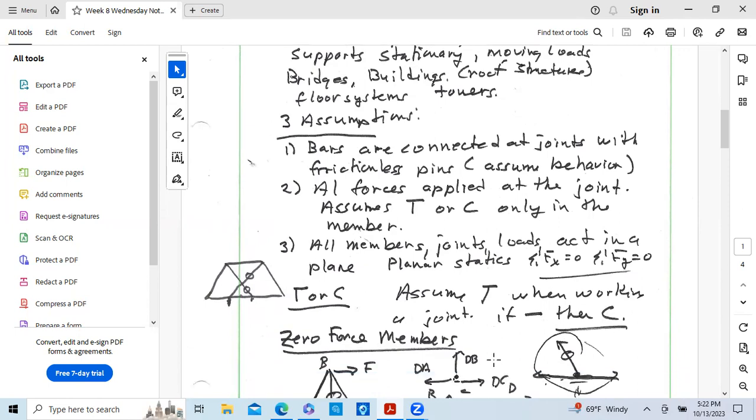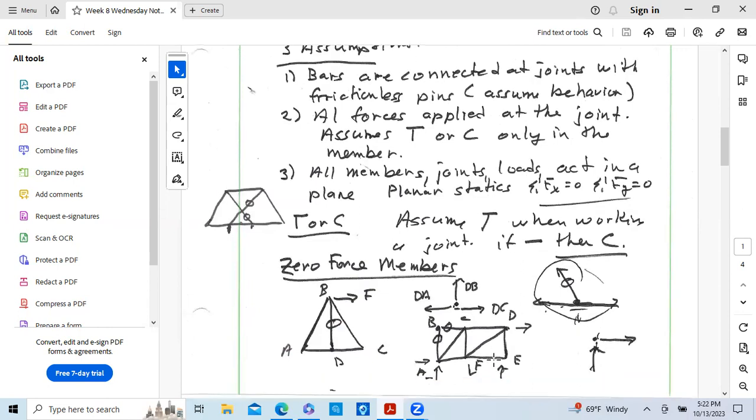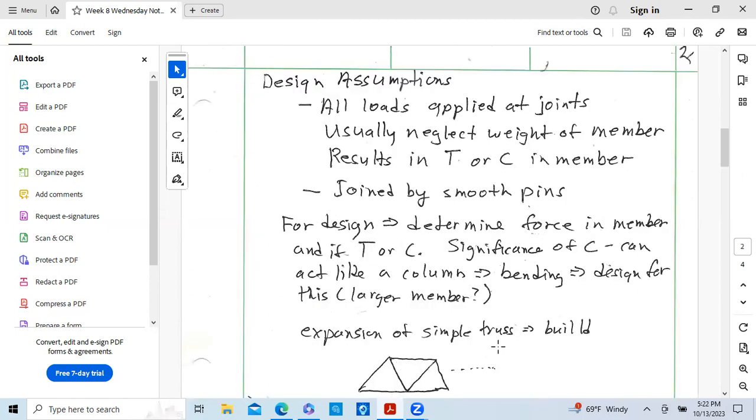I'm going to come back to the next topic, zero force members, later. Now, design assumptions. I sort of repeat myself, but I want to really focus on the fact that these are design assumptions. All loads are applied at the joints, and usually we neglect the weight of the member. In all the problems we're going to look at, we do.